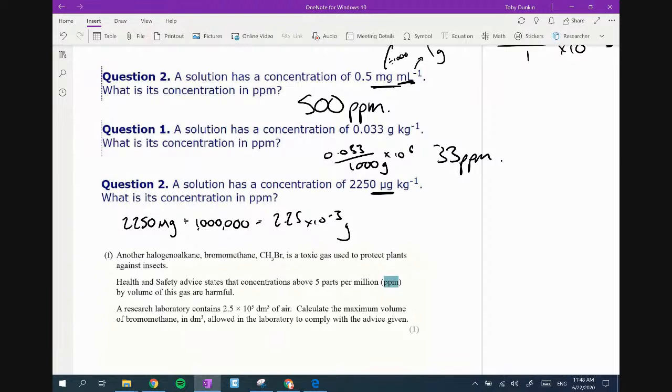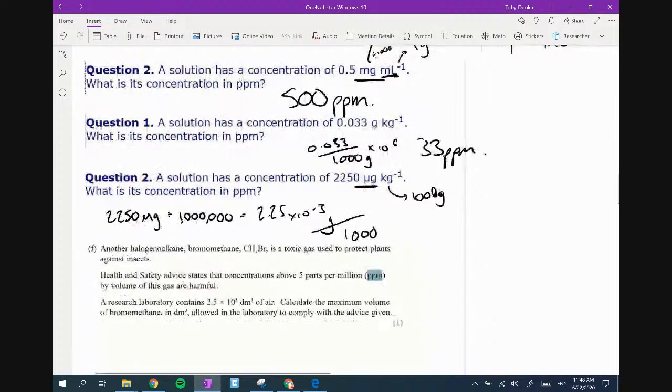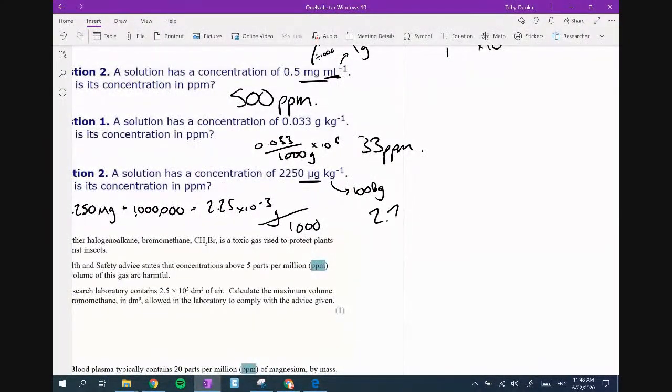And that's divided by 1,000 grams, because we're converting the kilogram to grams as well. Got to make the units match. So that divided by 1,000 multiplied by 1 exponential 6, and I get an answer of, it's not quite the same, 2.25 ppm. Interesting.